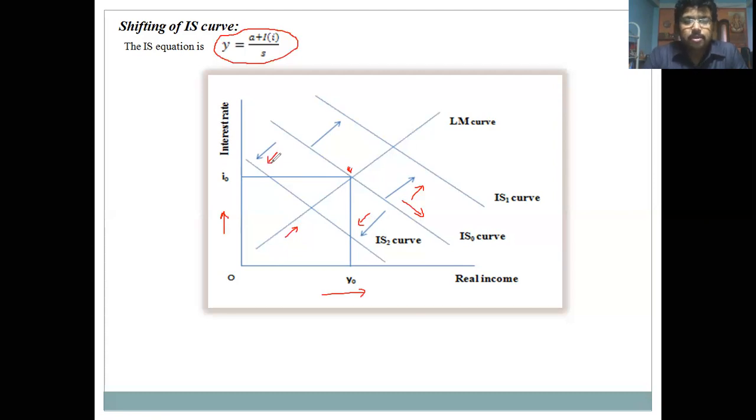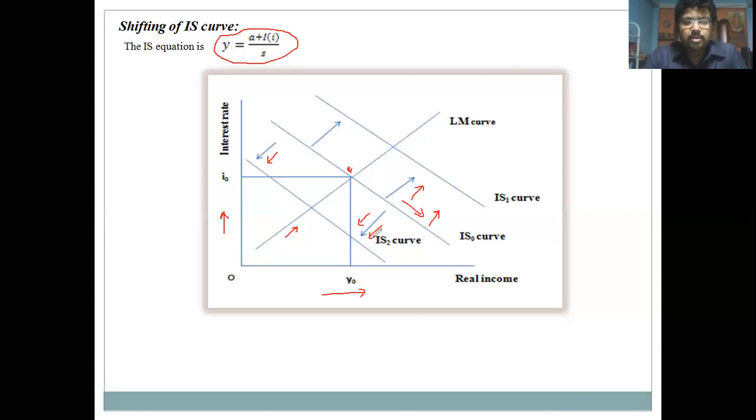Now, if autonomous saving increases, then also the IS curve shifts upward. And if autonomous saving declines, then the IS0 curve will shift towards the origin.